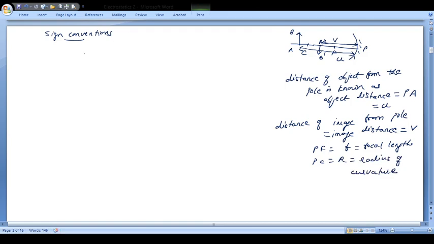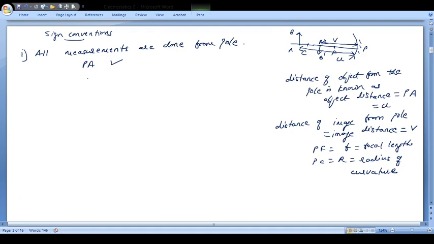Now let us see certain sign convention. These things are clear to you. Now see, according to the sign convention, all measurements are done from pole. For example, if I say object distance, you will say object distance as PA.